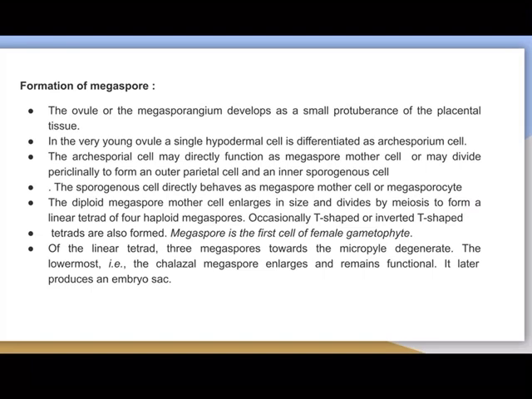In a very young ovule, we will find a small hypodermal cell gets differentiated into an archesporial cell. This archesporial cell may get directly differentiated into the megaspore mother cell, or sometimes it goes for periclinal division and forms the outer layer called the parietal cell, and the inner layer composed of the sporogenous cell.